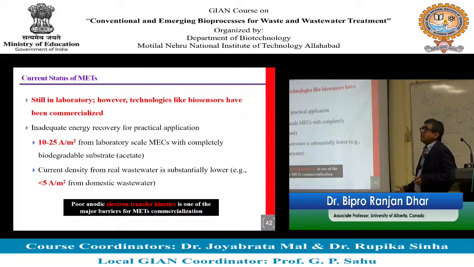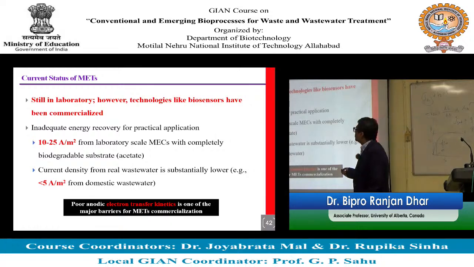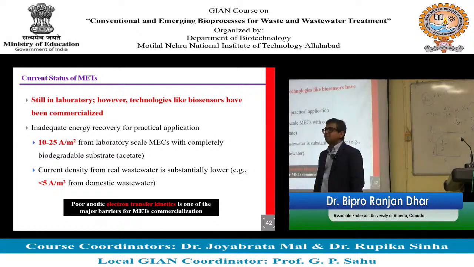Another thing, we always say that the process can help us recover energy as electricity. Still, the maximum current density that we get is 10 to 25 amps per meter square, which is still not practically feasible. And this 10 to 25 amps per meter square we can get with acetate, right, from fundamental studies. But if you use real domestic wastewater, it's still less than 5 amps per meter square.